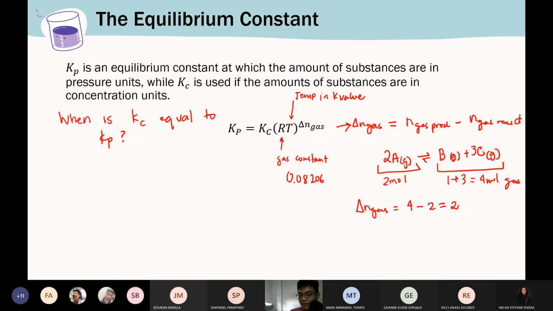Pero what happens mathematically if the amount of your reactant and your product sides are equal? Ano nangyayari kaya?